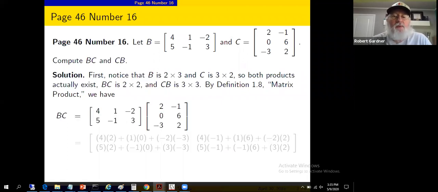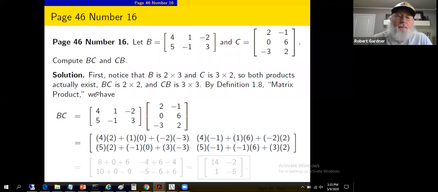All right, you want the product, then we'll do our thing. Think of it as row dotted with column, because that's what it is. We'll take the first row dotted with the first column. That'll give us 4 times 2 plus 1 times 0 plus -2 times -3, which is exactly this entry here.